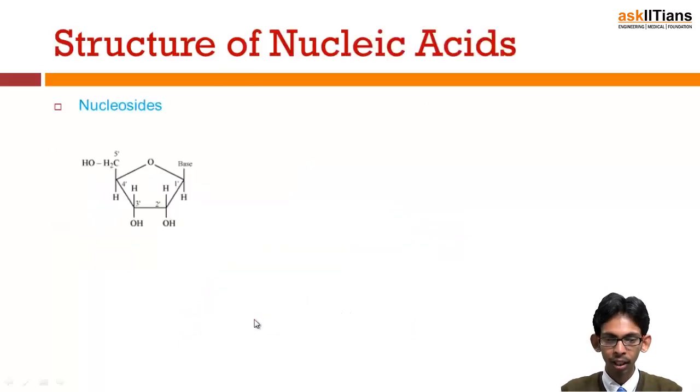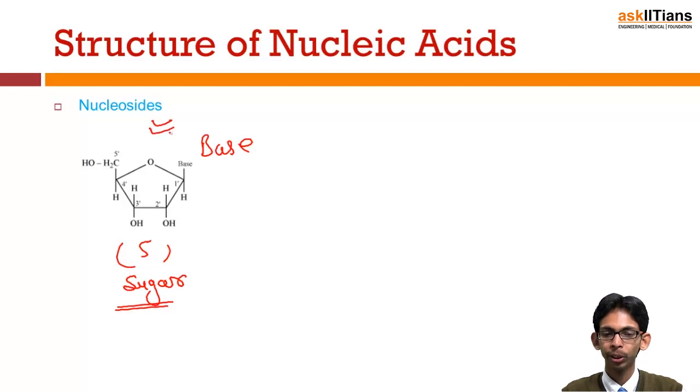So the first thing is nucleoside. When there is a pentose sugar and there is a base, then this combination is known as nucleoside. Nucleoside is a ribose sugar or a pentose sugar with a heterocyclic compound containing nitrogen, that is a nitrogenous base. So a nitrogenous base combines with a pentose sugar to form nucleoside.